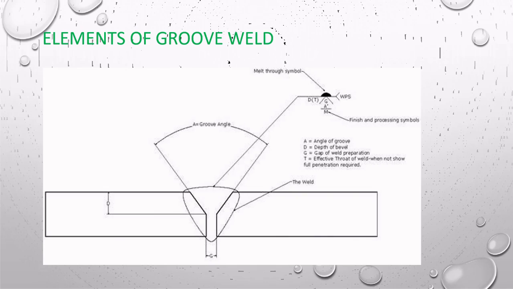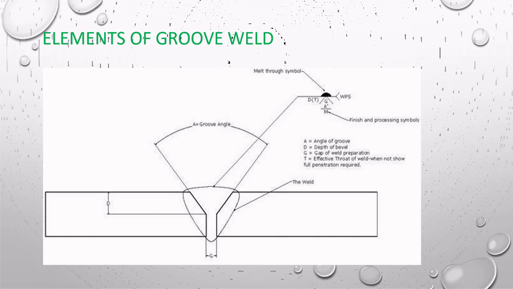A bevel angle exists when only one of the workpieces is angled, as in a single bevel weld. The depth of the groove is represented by D. In figure 5, the effective stroke T is indicated in parentheses in the weld symbol. This element is only shown when the weld is not to be full penetration, and represents the desired penetration depth of the weld.